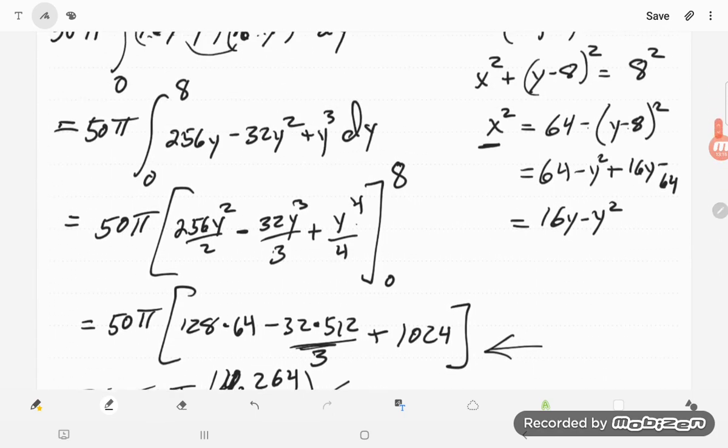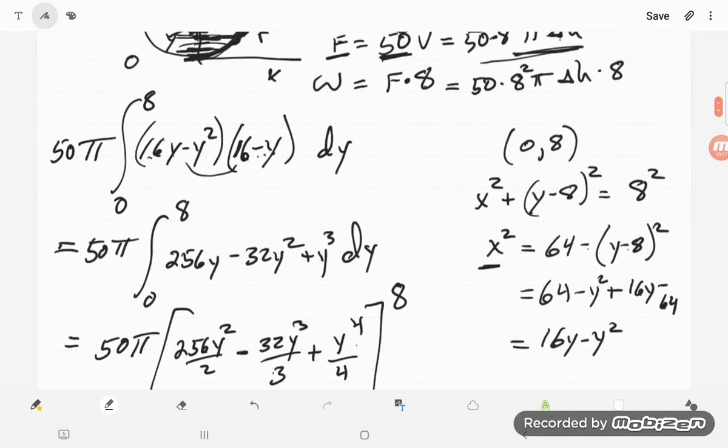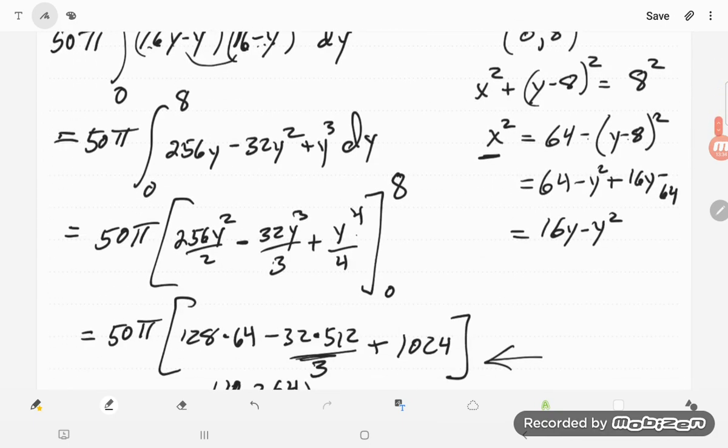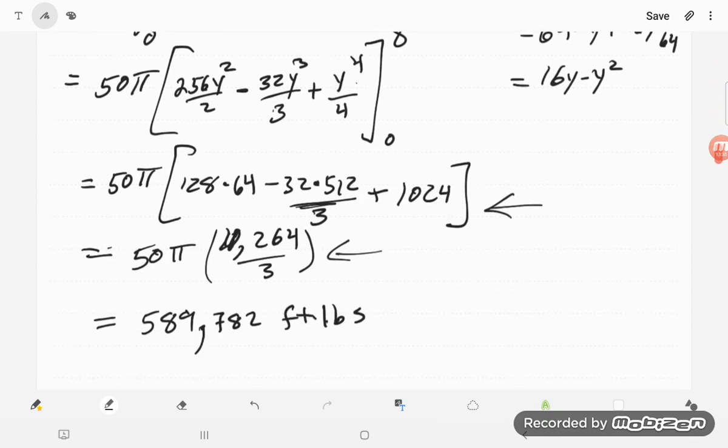But this is an interesting one, partly because our force, which was based on the volume, actually was the thing that had the delta x or delta y or delta h in it. That's the first of any of the examples where that's happened.